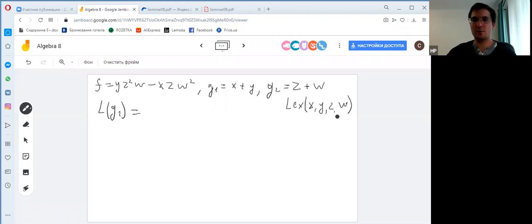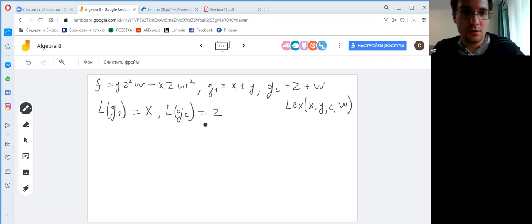So with respect to this ordering, the leading term of g1 is x. And the leading term of g2 is, of course, z. Then we want to take a monomial in f which is divisible by one of these terms.